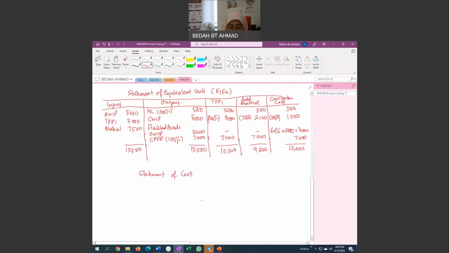So how much is the value that we should place on our units of production as stated in the statement of equivalent units? There is the transfer from process 1, material, and additional material.